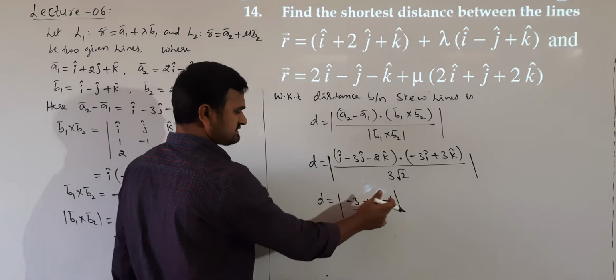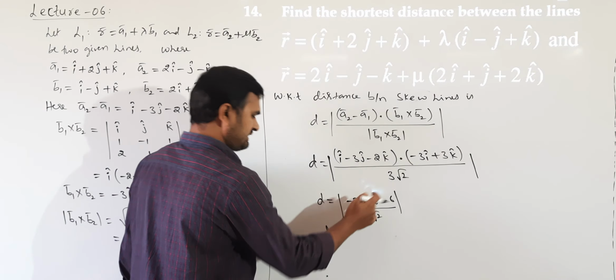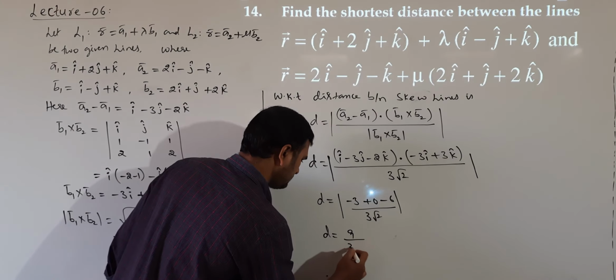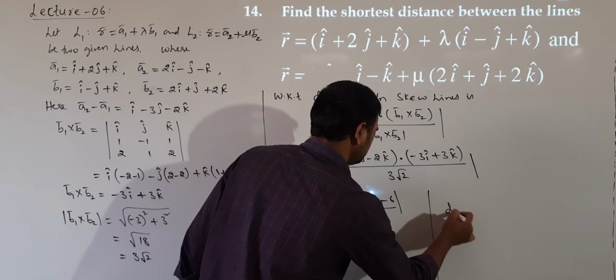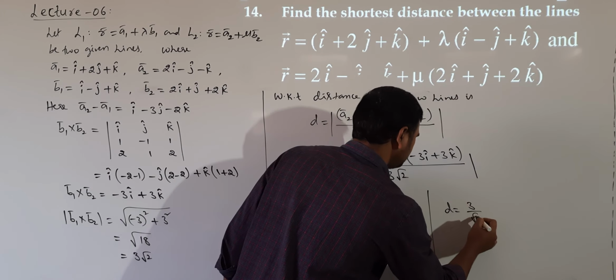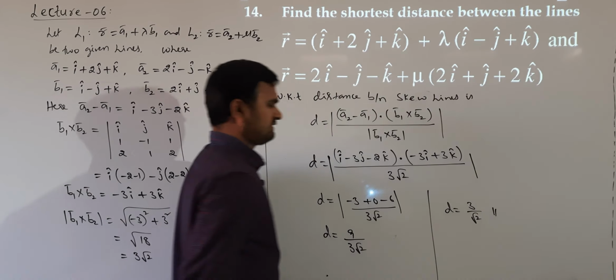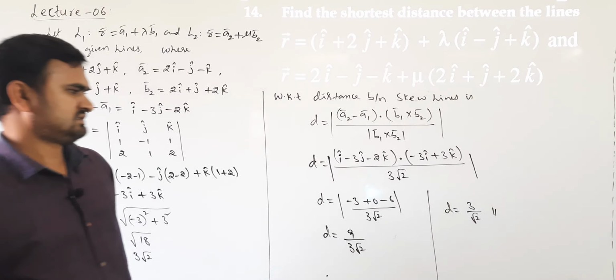So the numerator is minus 3 minus 6, which is minus 9. Now the modulus of minus 9 is 9, so d is 9 by 3 root 2, which is 3 by root 2. So the required distance is 3 by root 2 units.